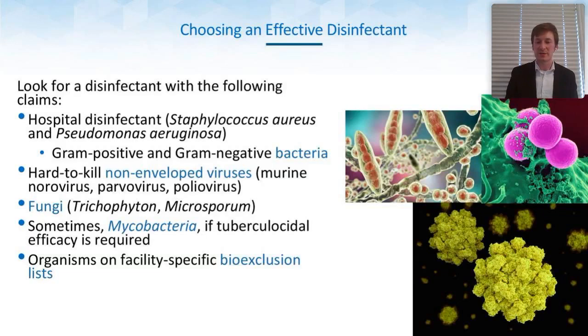Fungi, so we might see trichophyton or microsporum. And then sometimes mycobacteria, depending on the requirements of particular facility SOPs. So if a tuberculocidal product is required, then you're going to want to be looking for that claim against mycobacteria. And just another point to note is organisms on facility-specific bioexclusion lists might also be added to the things to look for when evaluating a product.